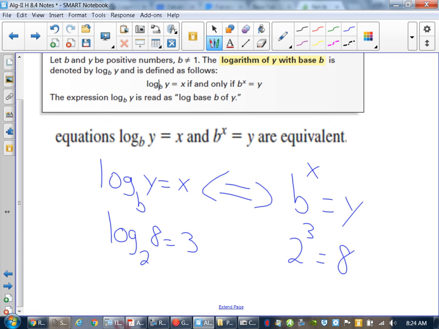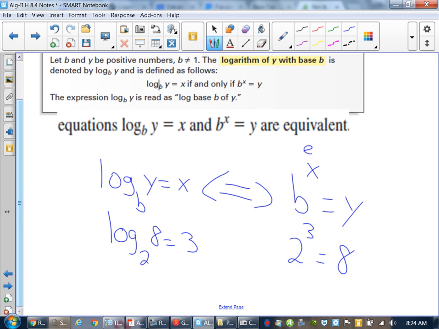What we're doing here is rewriting something between what's called exponential form and logarithmic form, otherwise known as log form.